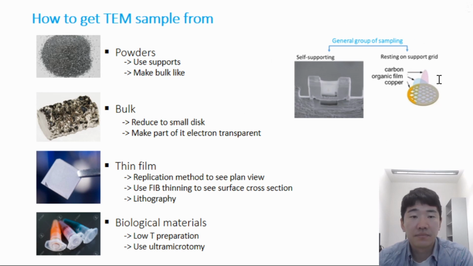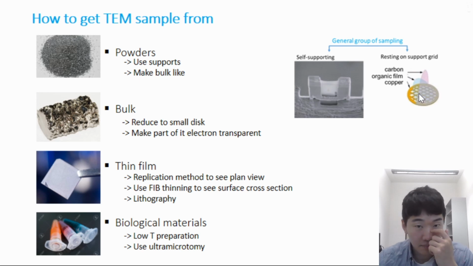In terms of sampling, you may have a self-supporting sample or a sample resting on a support grid. For example, if you are interested in powders, you most likely use a supporting grid. The grid is made of a copper frame and a film to physically support the powder-like sample. So you can finally stick your powder on the grid.